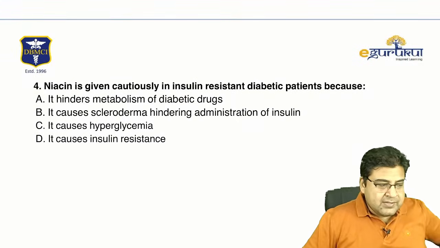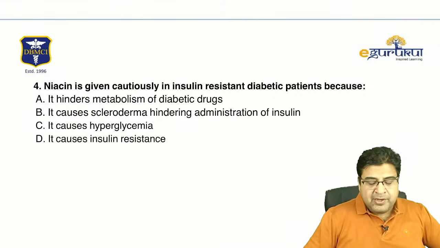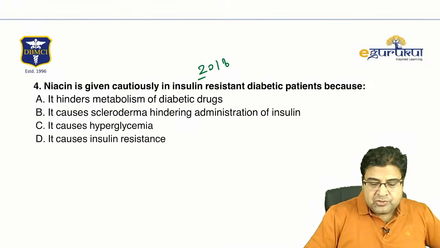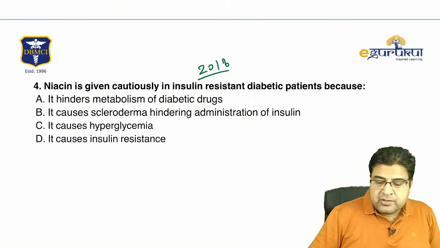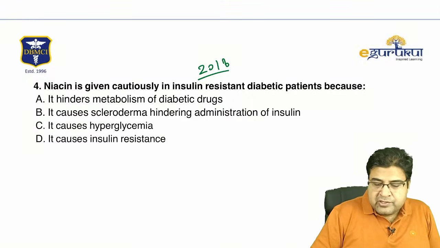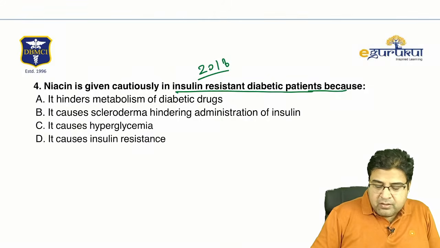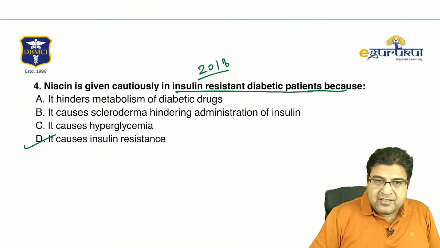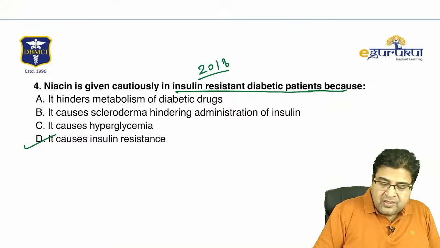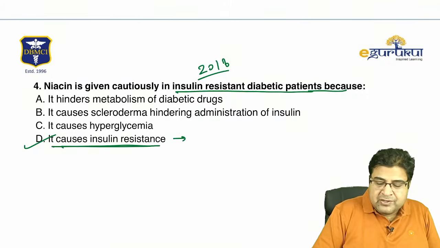Now guys, niacin is an outdated medicine. Maybe in 2018 this drug was used, but not now in 2024. So niacin is cautiously used in insulin resistant diabetic patients. Why? It can further increase the insulin resistance.